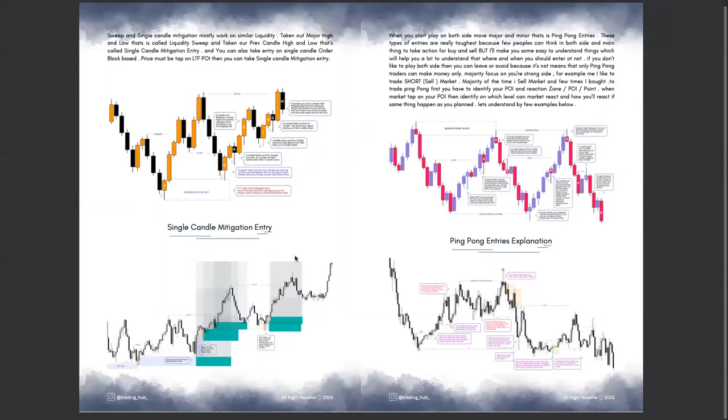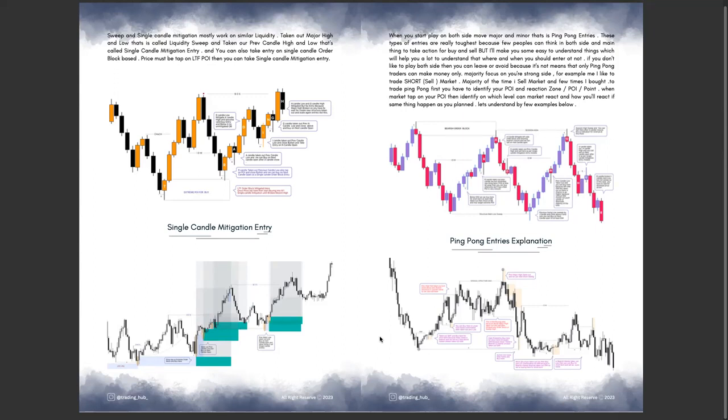Same thing happens here on the sell side, right? Single candle mitigation, right? These are ping pong, taking out the inducement, session high low sweep, and everything. The main thing is identifying the liquidity, finding the inducement, and buying or selling on a lower time frame. Simple, right? But don't make it complicated.